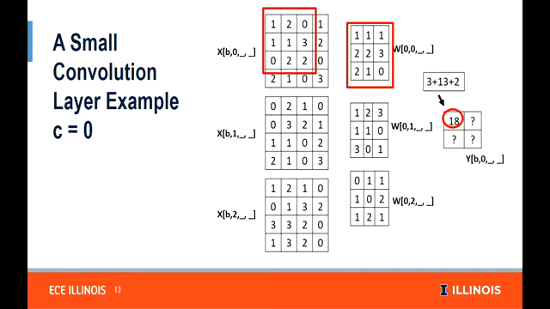When we do the convolution, we will take each input. For example, we'll take the input channel 0, and in order to get the output element at the upper left corner, which is 0, 0, we're going to take a small tile of input feature map elements. The input tile will be the size of K by K, which is the convolution mask dimension, right?